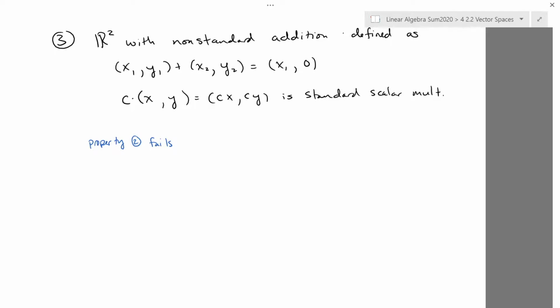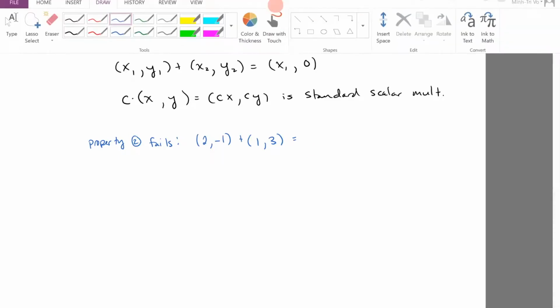So let me take, say, the vector 2, negative 1, and say 1, 3. So it doesn't have to be this particular example, but we just need to come up with some example where it fails, right? So if I add this together, what do we get?